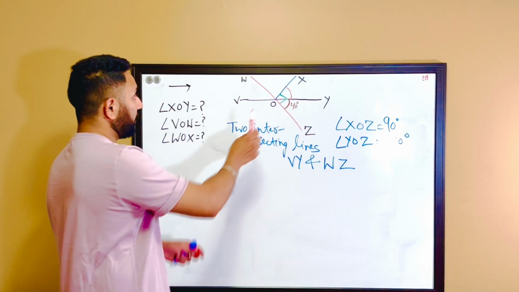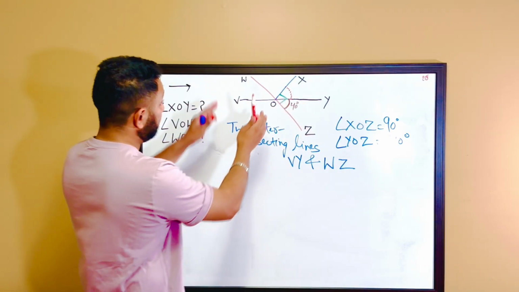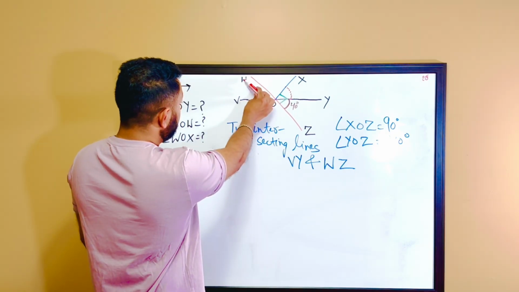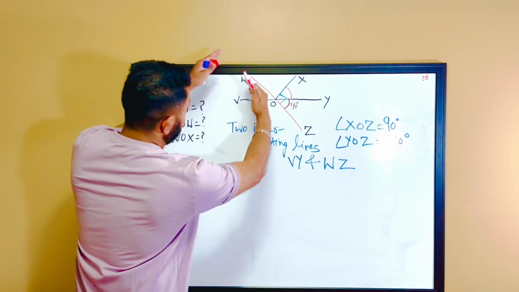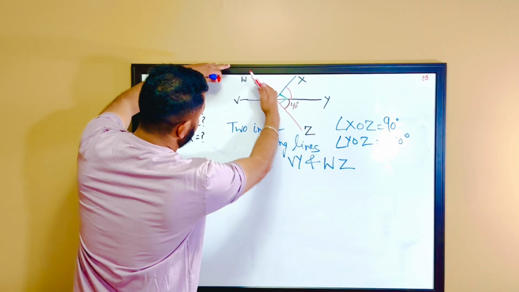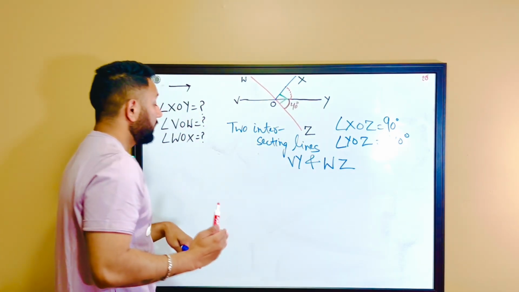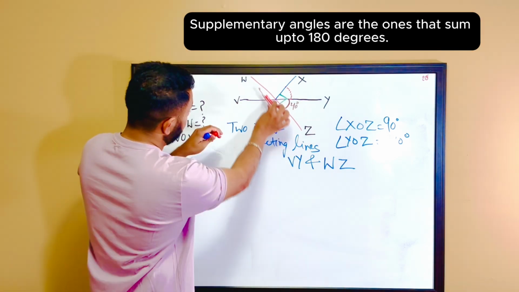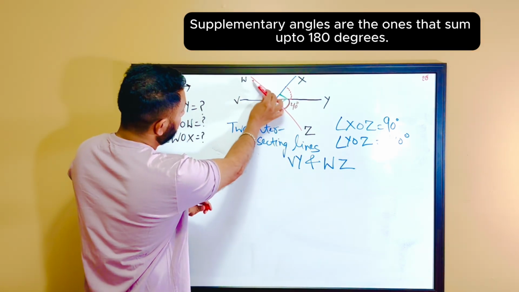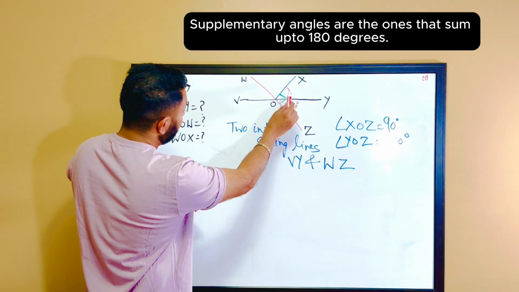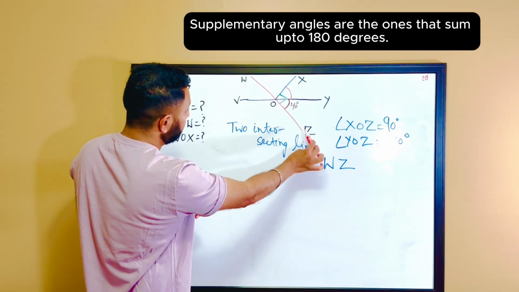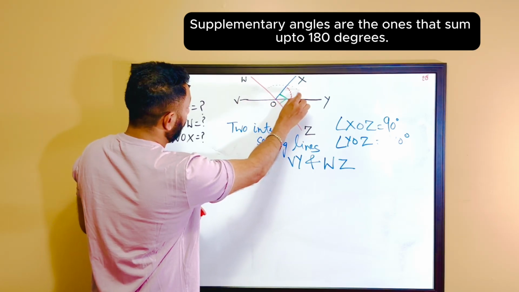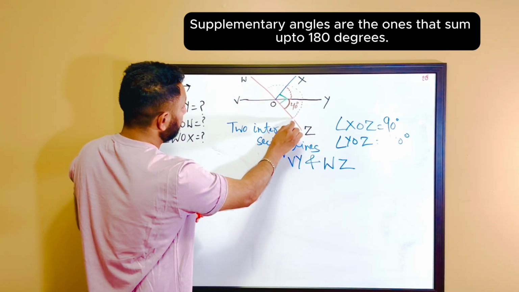In order to find this angle, we're gonna consider this straight line WZ, and we know that the angle made by a straight line is 180 degrees. So the angle made by this straight line WZ is 180 degrees, like this whole angle.